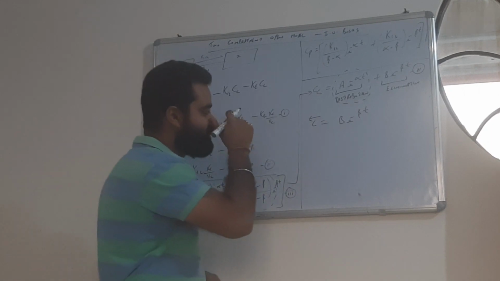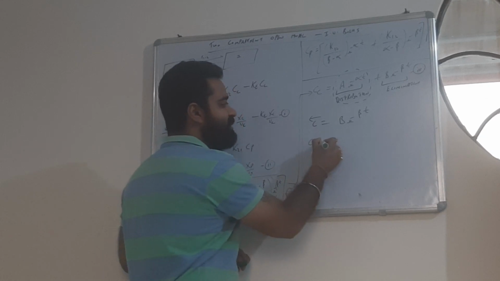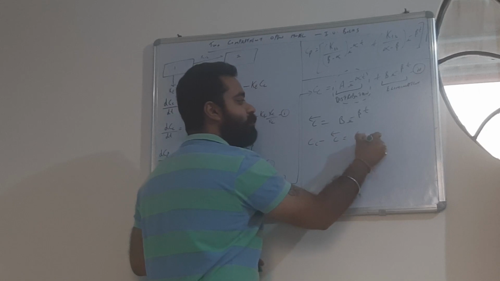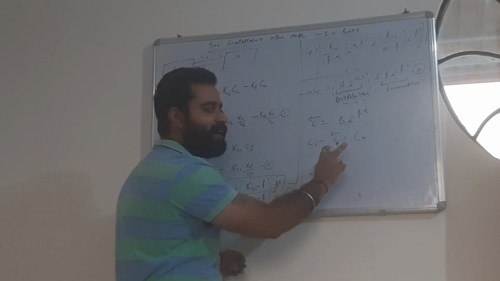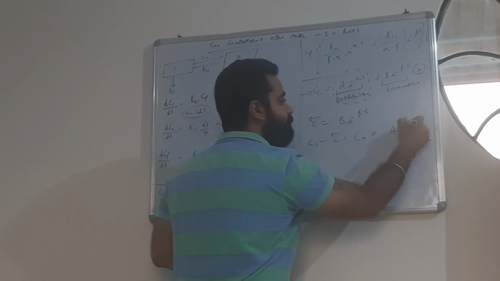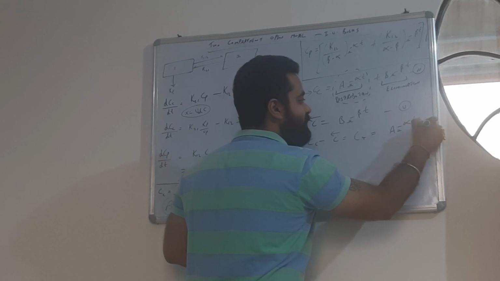Similarly, if we consider Cc minus the back extrapolated value, it is going to be equal to Cr. Cr is the residual value, which is equal to A e^(-alpha t). Consider this as equation 5 and this as equation 6.